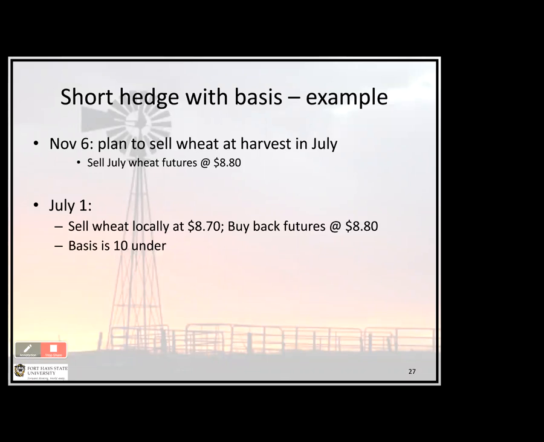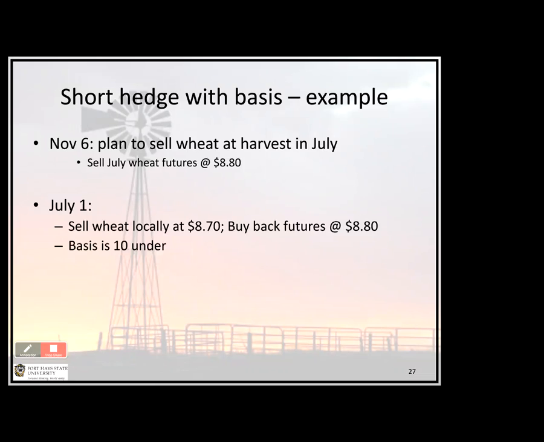We sell wheat locally at $8.70 and buy back at $8.80 on the board. Basis is 10 under. I probably shouldn't have thrown that up there; it would have been a good question to ask you. So where do we get this? Basis is 10 under on July 1st: local cash price minus nearby futures. 870 minus 880 is -10.